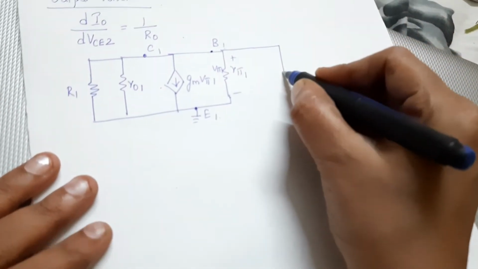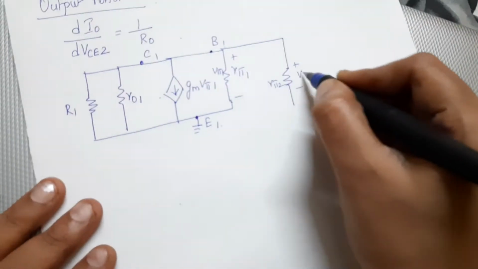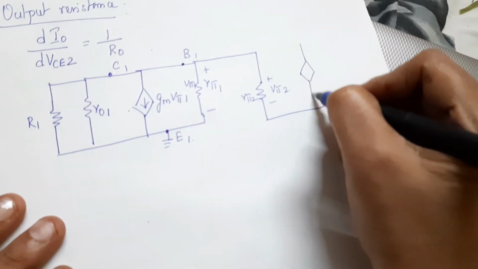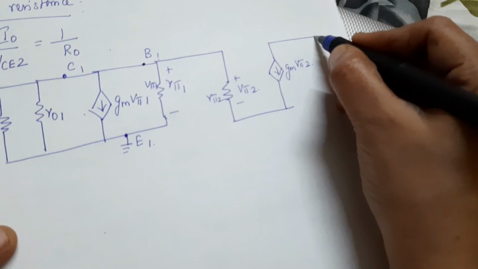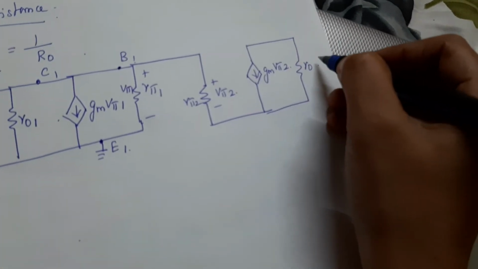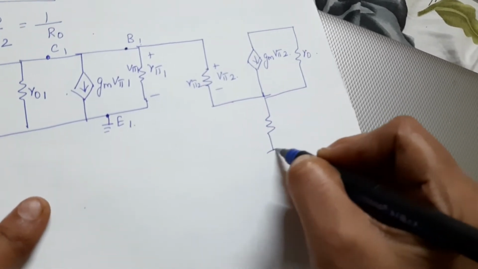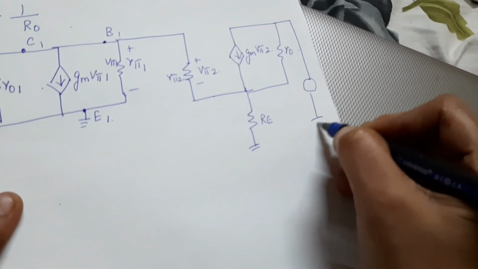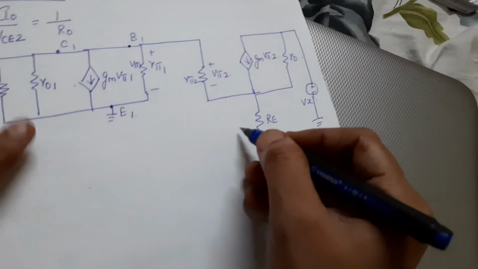This should be connected to the transistor Q2. So this is my R pi 2. Across my R pi 2, the voltage is V pi 2, and I have my current source gm V pi 2 and then my internal resistance R0 here. I have one more thing, the RE resistor, and I have my voltage source. This is my Vx; I'll just fine tune the circuit.